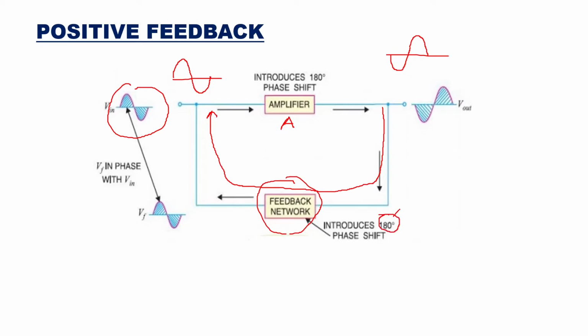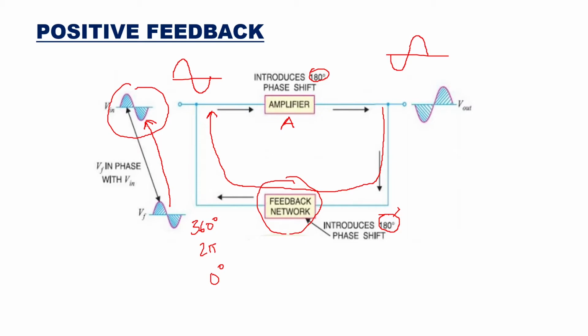So this 180 degrees and this 180 degrees together make the phase shift 360 degrees. That 360 degrees is nothing but 2 pi, equivalent to 0 degrees. So the feedback voltage will be in phase with the input voltage. That means the feedback is helping or aiding the input. So it is called positive feedback.